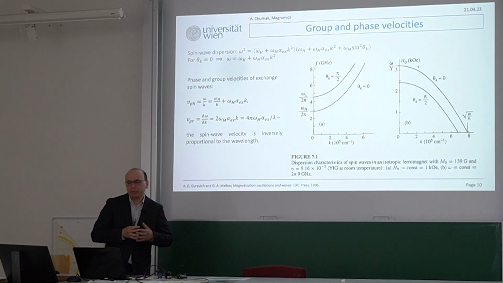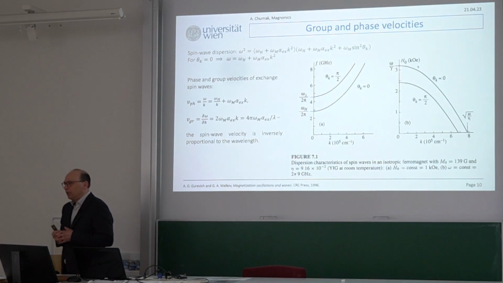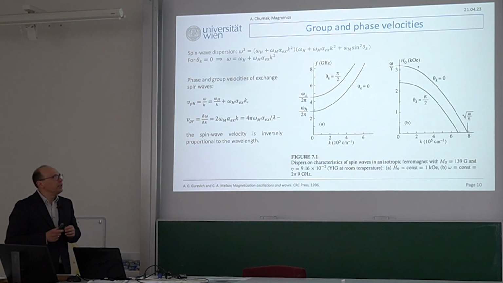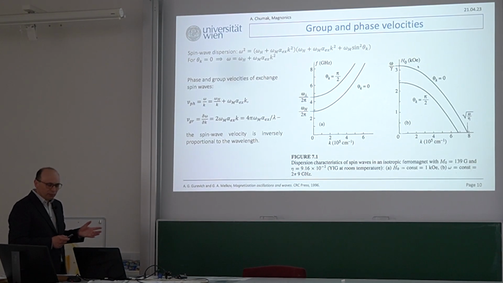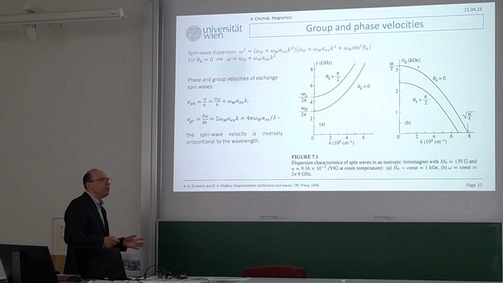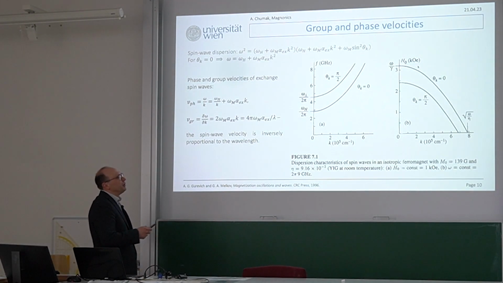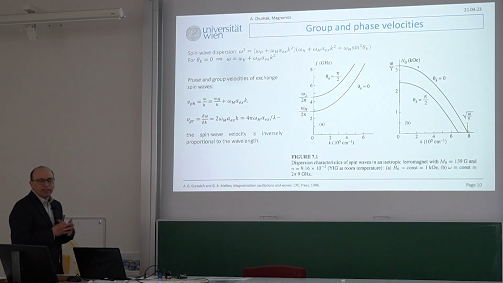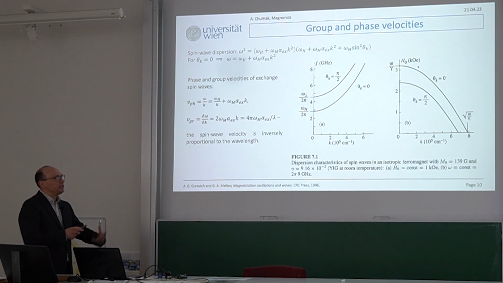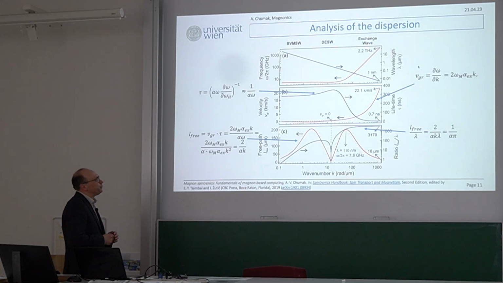People have already reached 50 nanometers in different materials, and they use different tricky physics to get them. Pretty often you need the BESSY synchrotron to measure your spin waves with X-rays, because such short wavelengths are hard to see. But the trend is clear: people want to go towards shorter and shorter wavelengths.